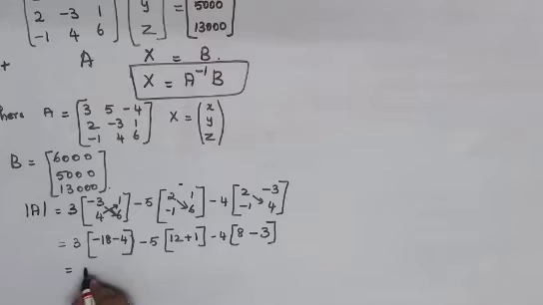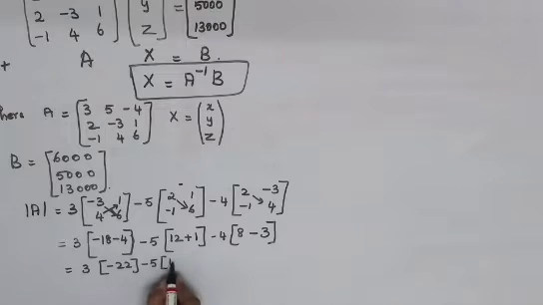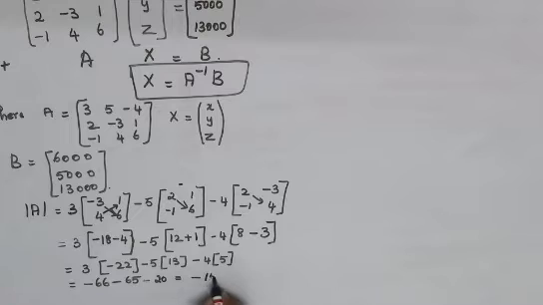That is equal to 3 into minus 22, minus 5 into 13, minus 4 into 5. That is equal to minus 66, minus 65, minus 20, that is equal to minus 151, which is not equal to 0. So therefore you can write, A inverse exists.